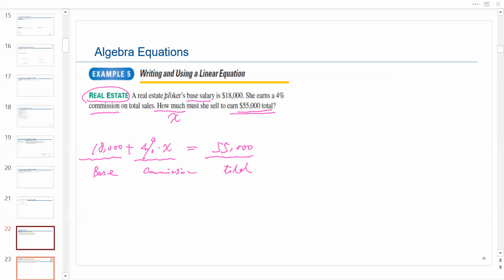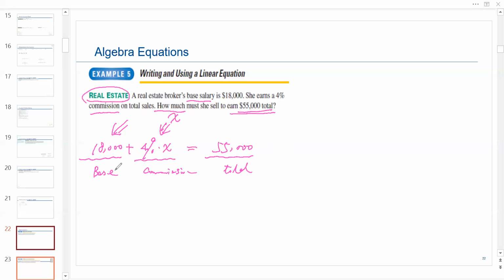A real estate broker's base salary is 18,000. She earned 4% commission on total sales. How much must she sell to earn 55,000? So she made 18,000 plus 4% of total sales as commission. So you build this kind of equation.